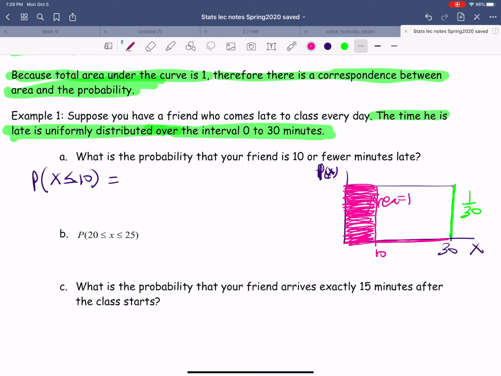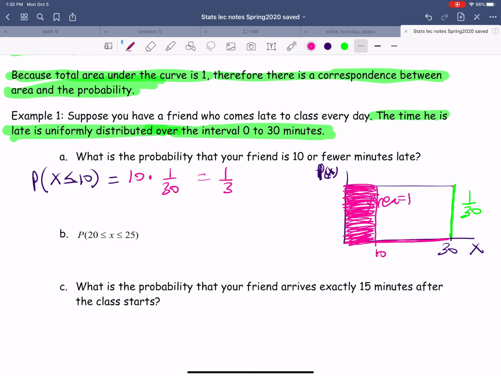What is the area for this rectangle? Well, the new length is 10 and the height is still 1 over 30, so the probability turns out to be 1/3. The probability that your friend will be 10 or fewer minutes late is 1/3, and we can change it to the decimal if we really want. We can always express probability in terms of fraction or decimal, both are fine.